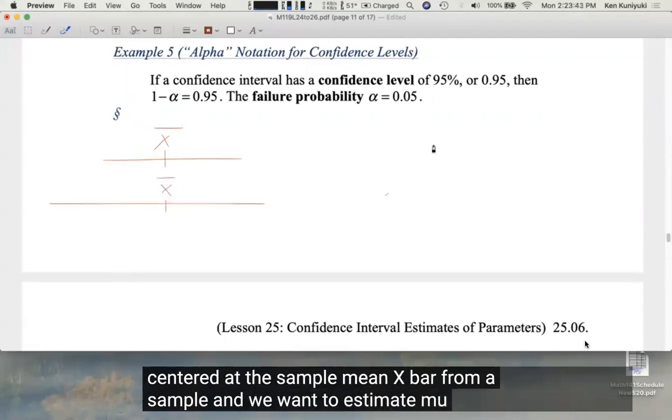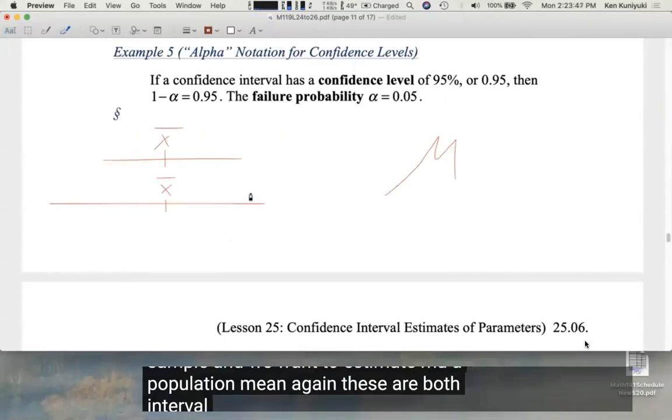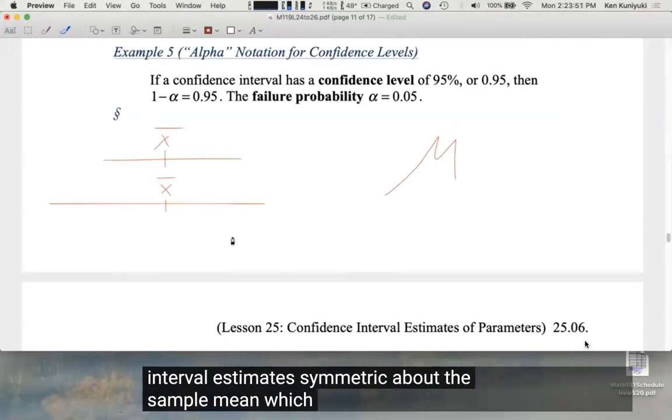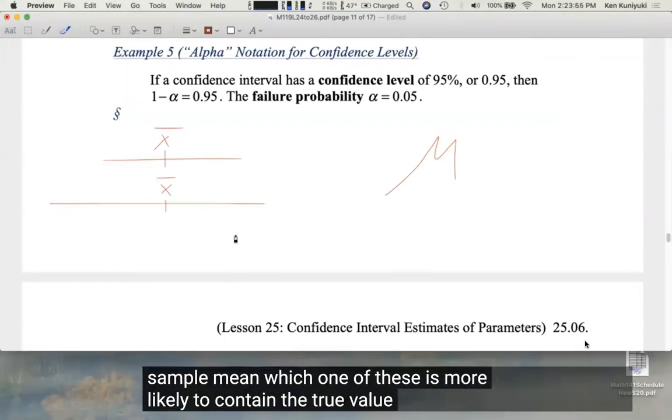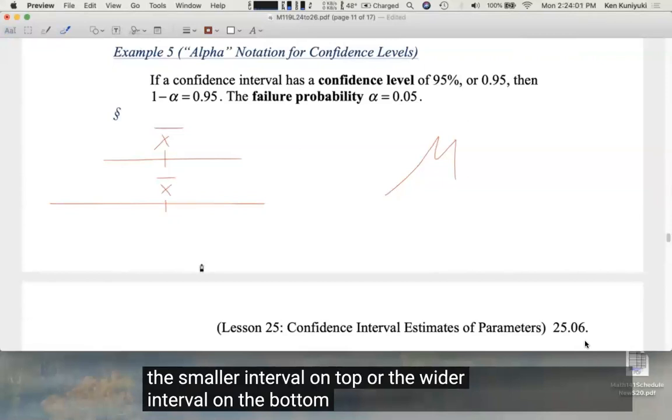And we want to estimate mu, a population mean. Again, these are both interval estimates, symmetric about the sample mean. Which one of these is more likely to contain the true value for mu? The smaller interval on top or the wider interval on the bottom?